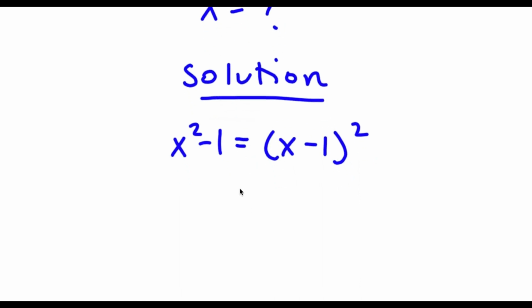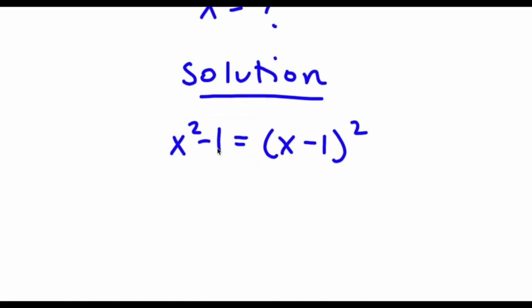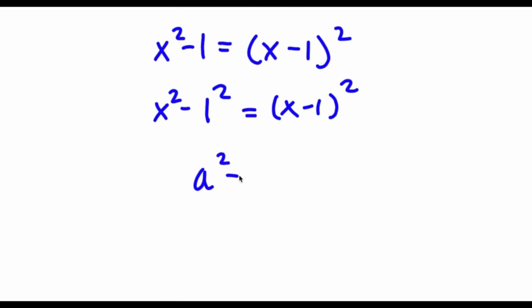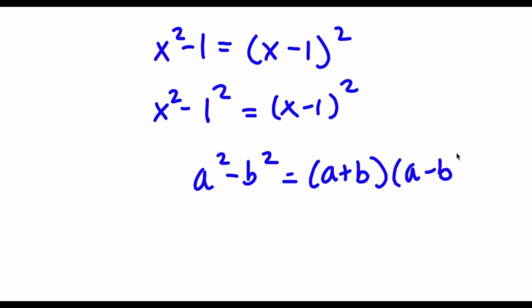Now, x squared minus 1 is the same thing as x squared minus 1 squared, because 1 is the same thing as 1 squared. So now I have x squared minus 1 squared is equal to x minus 1 squared. Now, if I have something in the form a squared minus b squared, this is equal to a plus b times a minus b.